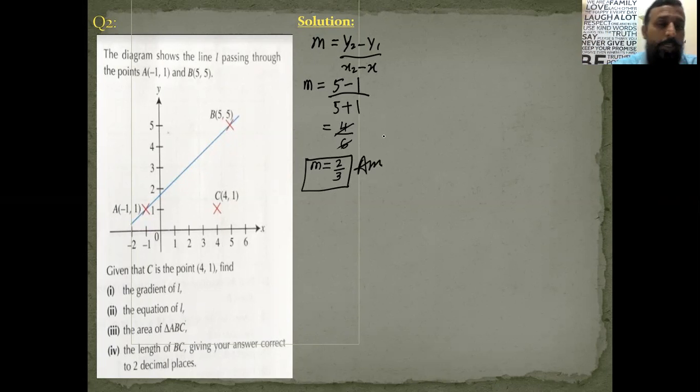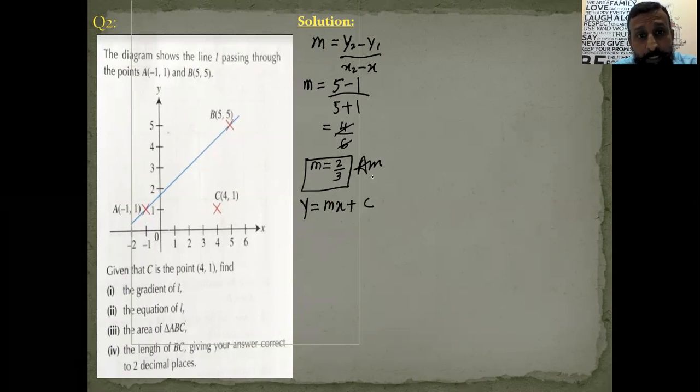Okay, now second part, find the equation of the line L. How do we find the equation, boys and girls? We find it with the formula y equals mx plus c. So in this, we have m. Now it passes through the point 5 comma 5, and 1 comma minus 1. So we can plug in the values of x and y, and we can find the value of c, that is the y-intercept.